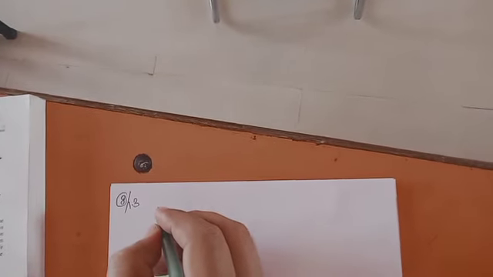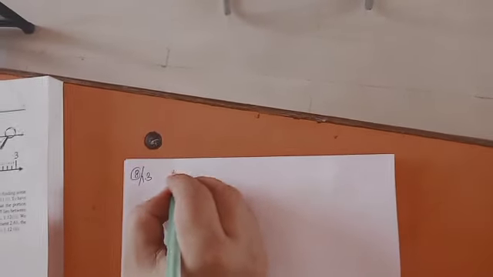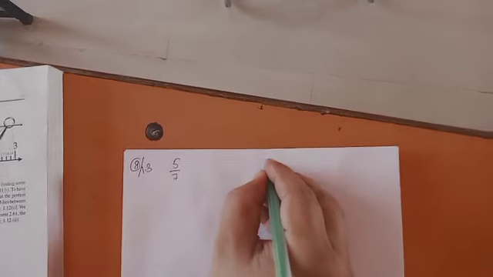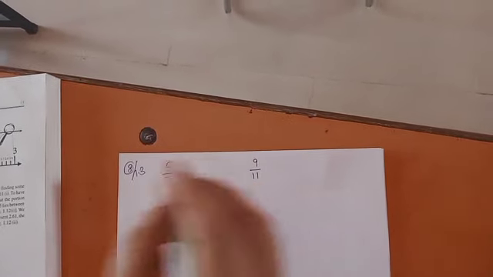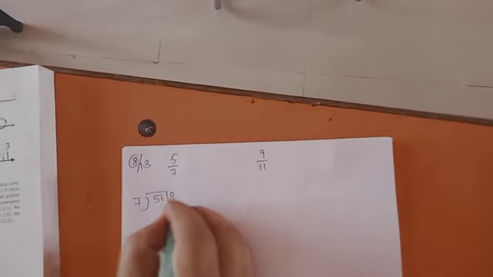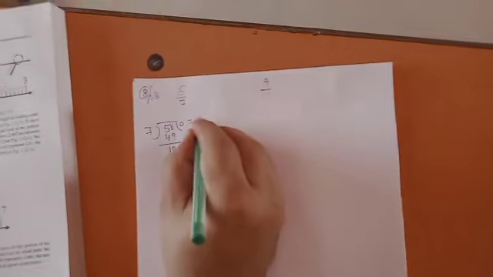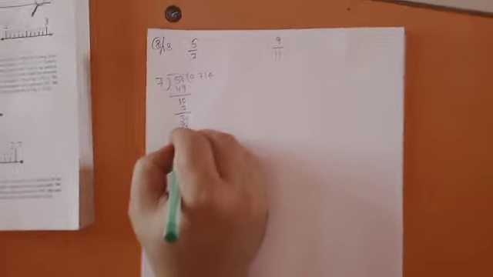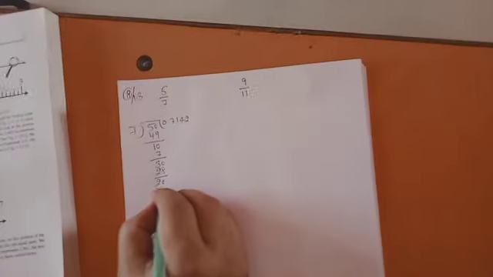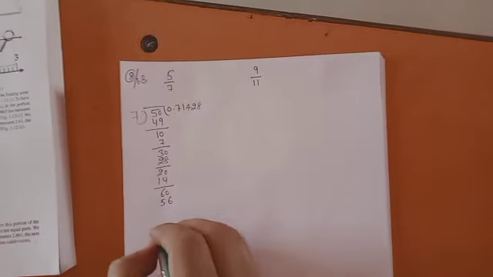Exercise 1.3. Find three different irrational numbers between 5 by 7 and 9 by 11. If 5 divided by 7: 7 0s are 0, 7 7s are 49, 1. 7 1s are 7, 3. 7 4s are 28, 2. 7 2s are 14, 6. 7 8s are 56.